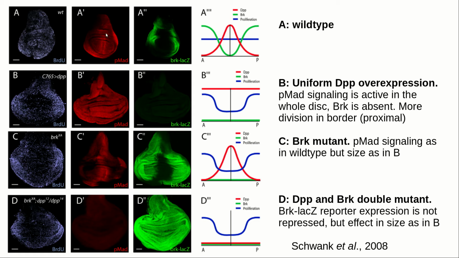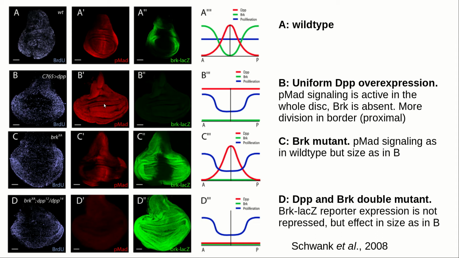In red you can see pMad, which is a readout of DPP signaling. Then in green there's a Brinker reporter, and in blue there's BrdU, which marks cell division. BrdU is a synthetic nucleotide which replaces thymidine in DNA when replication is happening.